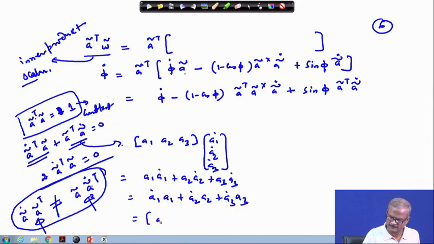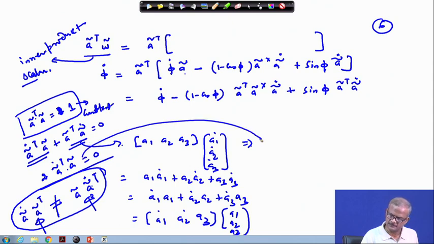And this can be written as A1 dot, A2 dot, A3 dot times A1, A2, A3. So, these two quantities are equal, and therefore A tilde transpose times A tilde dot equals 0, or equally A tilde dot transpose times A tilde equals 0.